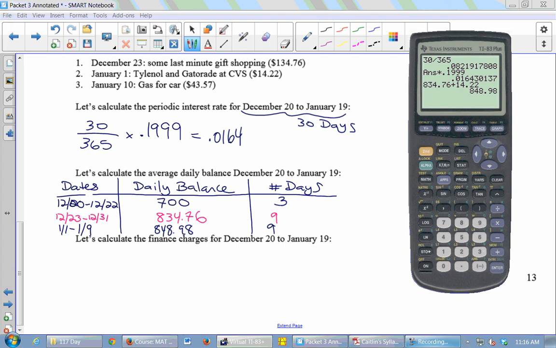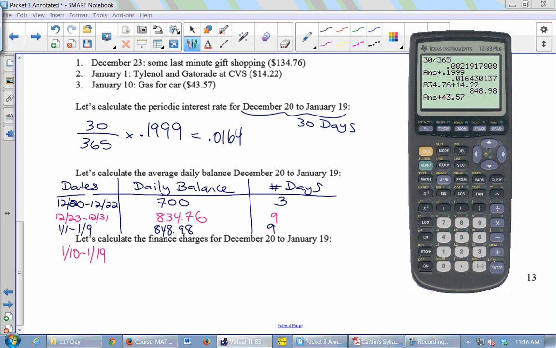Okay, and then on January 10th, I make another purchase, so 1/10 until the end of this billing cycle, which is 1/19. Now I just have to add $43.57 to my previous balance.